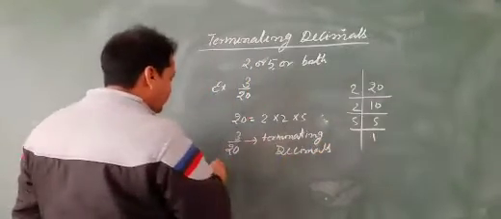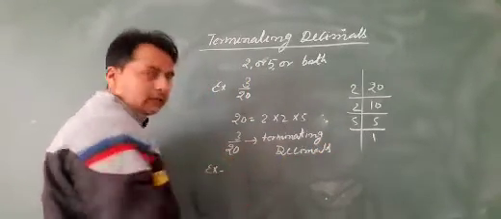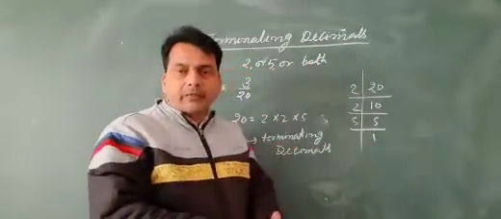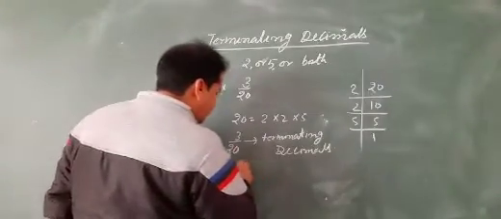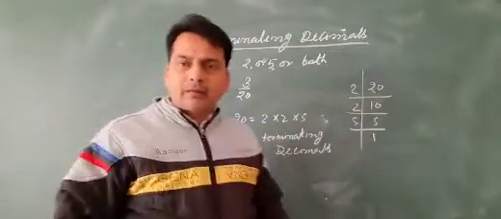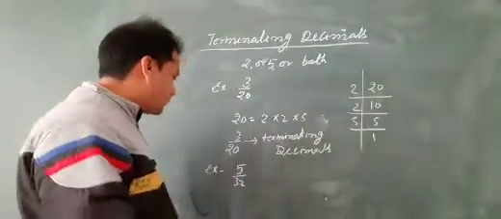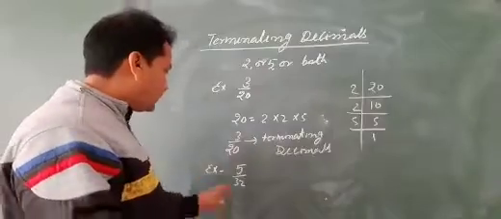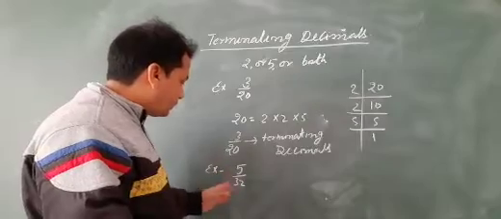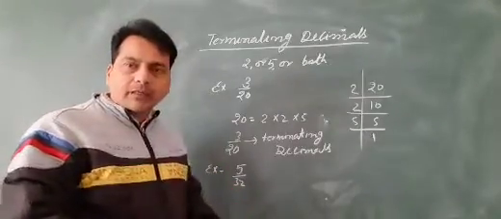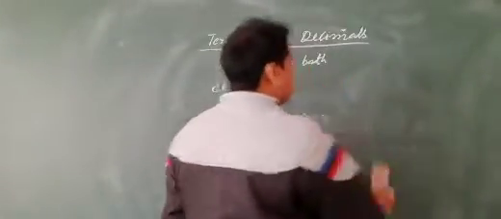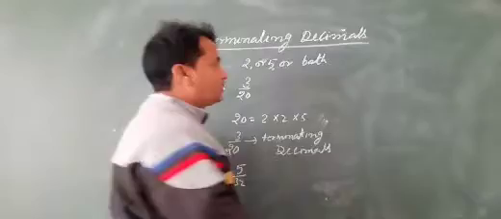Now another example: take the rational number 5 by 32. Is this rational number terminating or non-terminating? The first step is to find the prime factors of the denominator, which is 32.